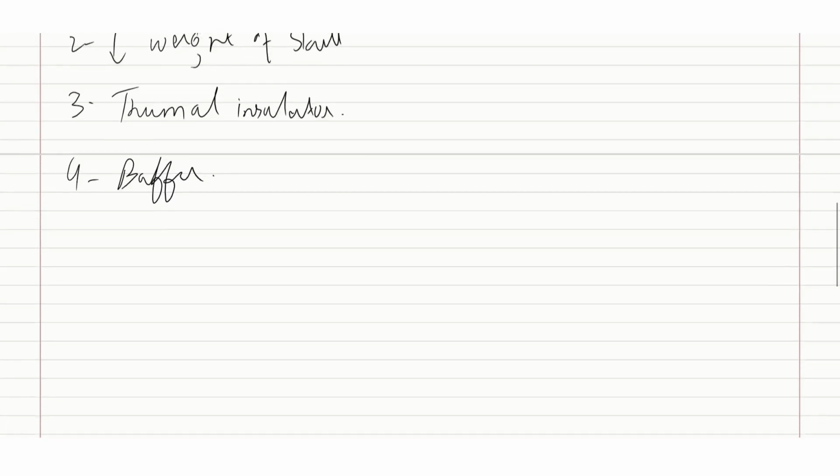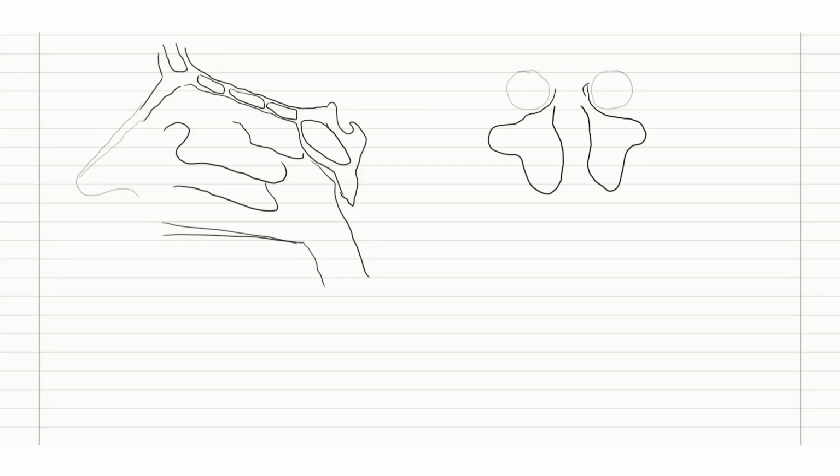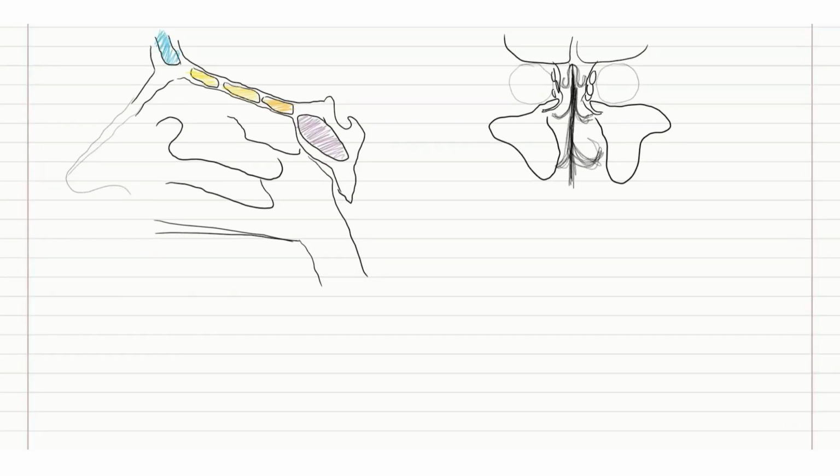Now let's understand through what passages these sinuses drain into the nasal cavity. To understand this, we have to make a diagram. These are the diagrams of sagittal section and frontal surface of the skull. Now, this is the sphenoid sinus.